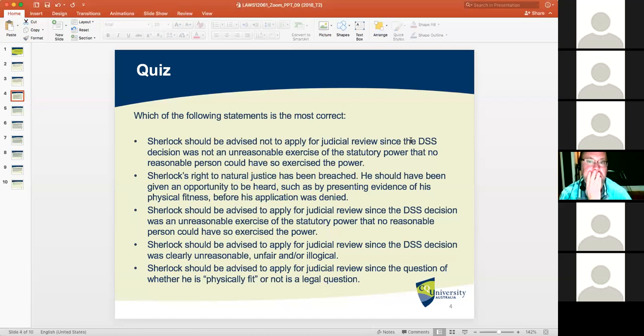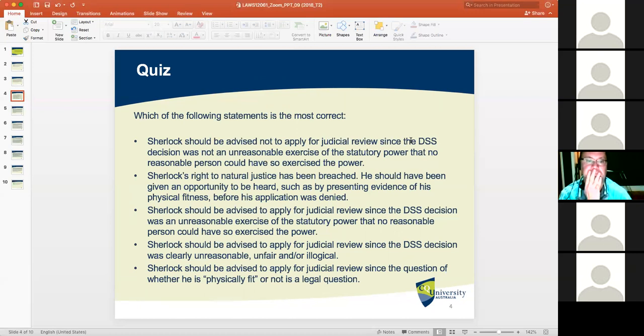Which of the following statements is the most correct? A, Sherlock should be advised not to apply for a judicial review since the DSS decision was not an unreasonable exercise of the statutory power that no reasonable person could have so exercised the power. B, Sherlock's right to natural justice has been breached. He should have been given an opportunity to be heard, such as presenting evidence of his physical fitness before his application was denied.